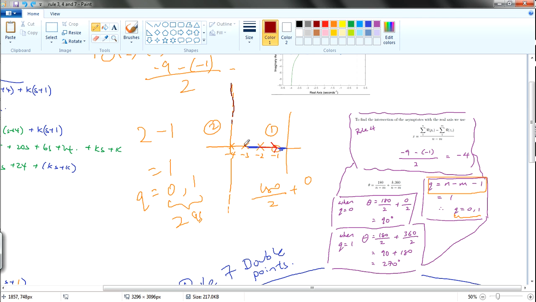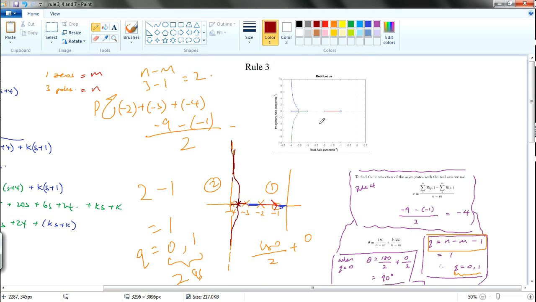So we know that this will move in this manner, and this one will move in this manner, because the even number definitely should be within the root locus itself. So definitely they will meet each other, and then they will cross path, and then they will move in this manner. So this is why it's shown over here, the same thing.